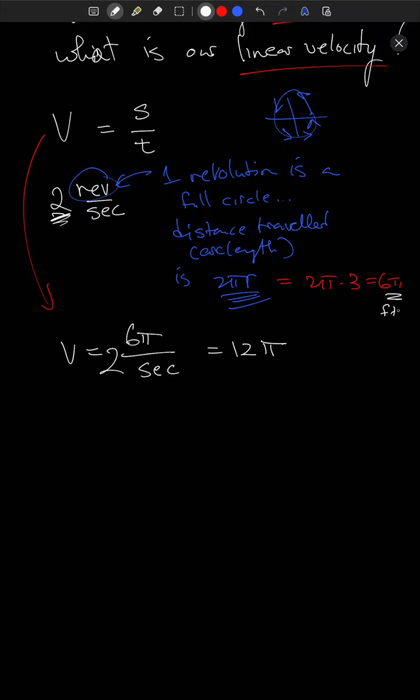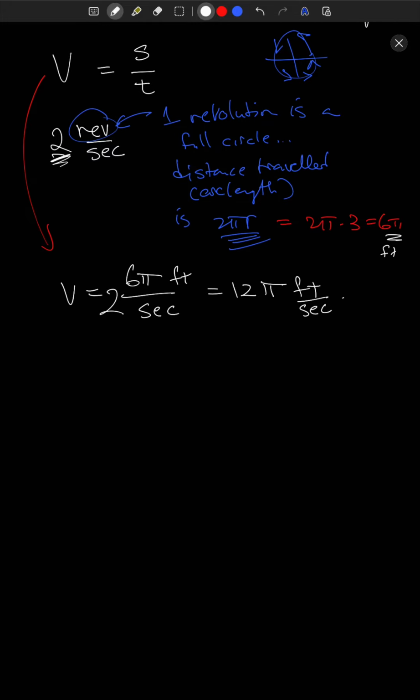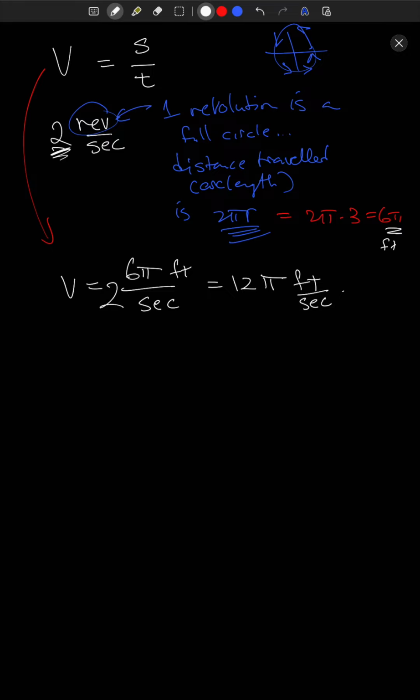So this would be 6 pi feet, so this would be feet per second. This is the physical distance. 12 pi feet per second: every second, we would be traveling 12 pi feet. So if this was a car, our odometer would increase by 12 pi feet.